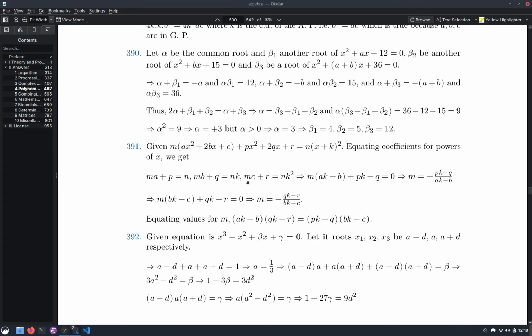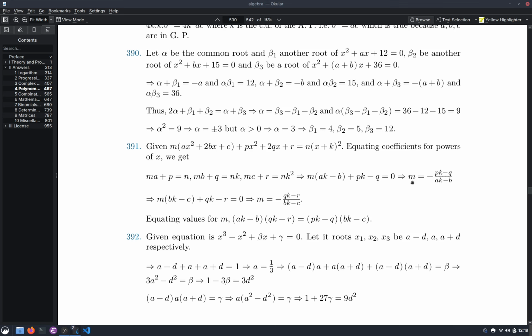So this is nk, so we multiply this with k, we get mbk plus qk. Or what we can do is we can multiply this with k, so we get mak plus pk is equal to nk, we subtract the first two. So we get m into ak minus b plus pk minus q is equal to 0.